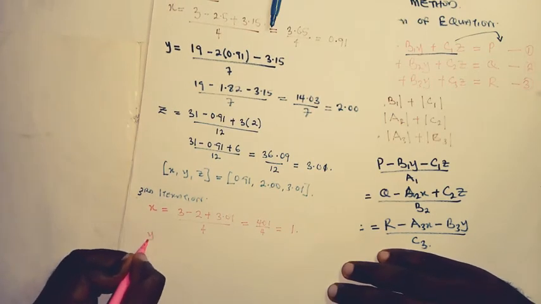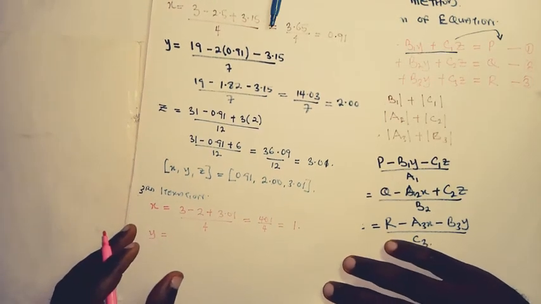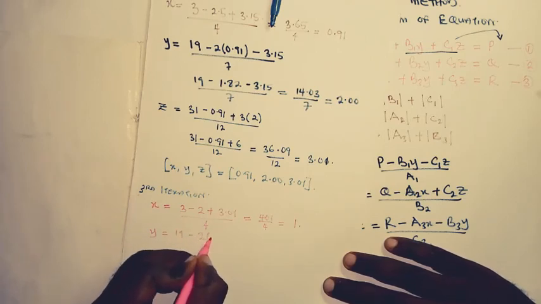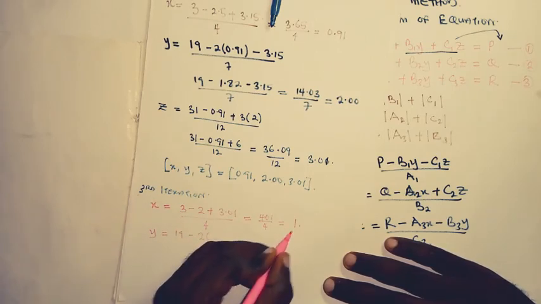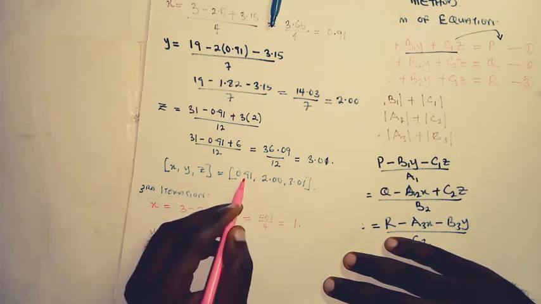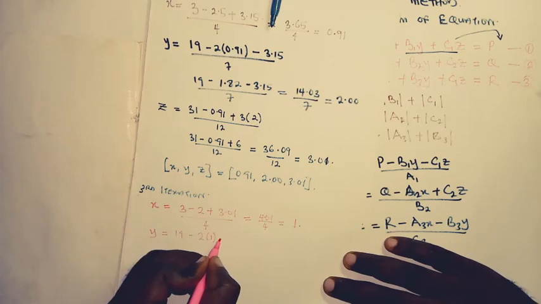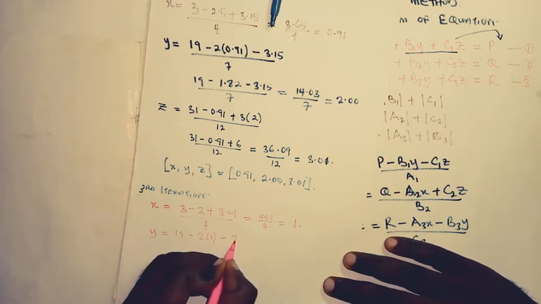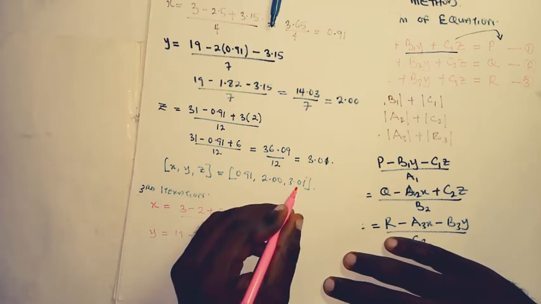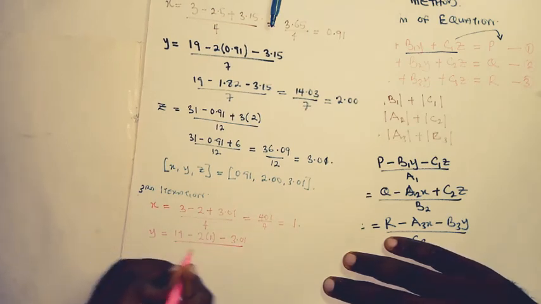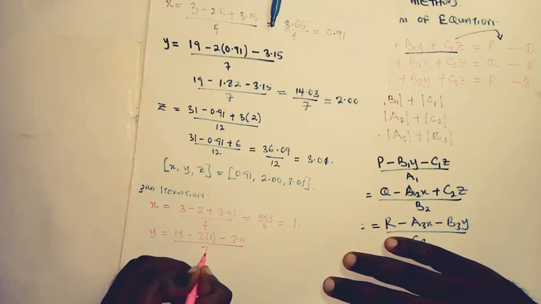For y, I have 19 minus 2 into the new value of x, which is 1 now. I'm not going to be using 0.91 anymore. I'm going to be using the new value of 1, minus 3.01. I'm still using the old value of z because there is no new value for z, divided by 7.